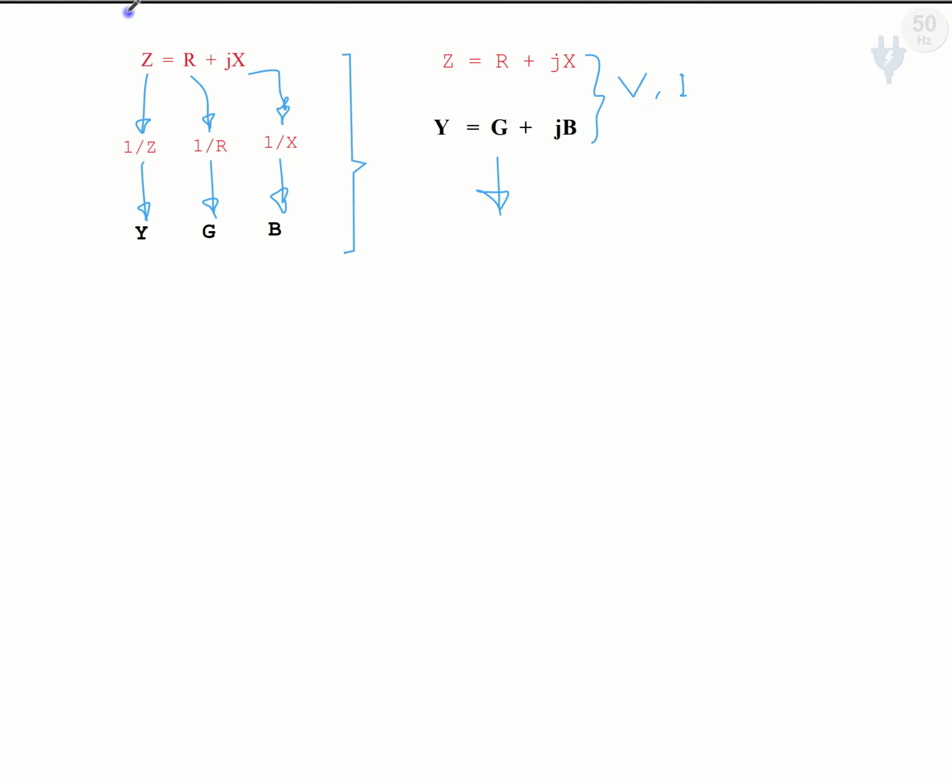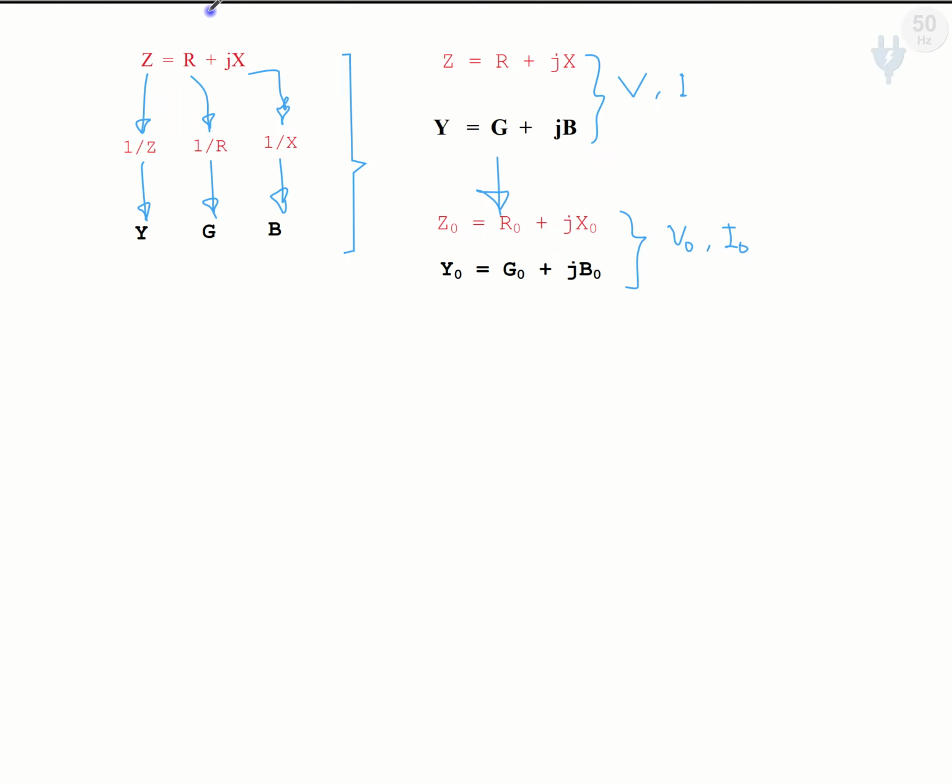Similarly, for the zero sequence component, Z0 is equal to R0 plus jX0, and the inverse of Z0, Y0, is equal to G0 plus jB0. These values can be calculated from the zero sequence voltage and zero sequence current of the system.